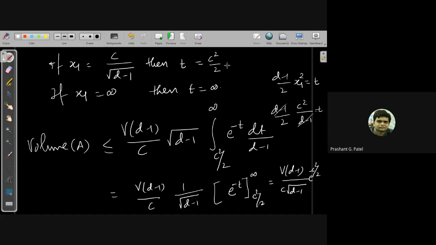This one is infinity. t is infinity, no problem. Substituting the value, it gives me 1 by d minus 1.